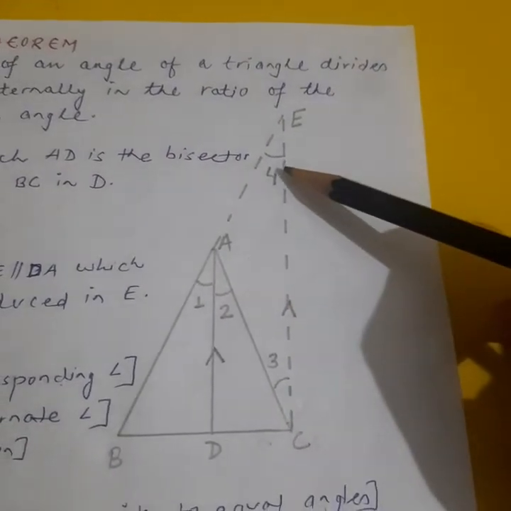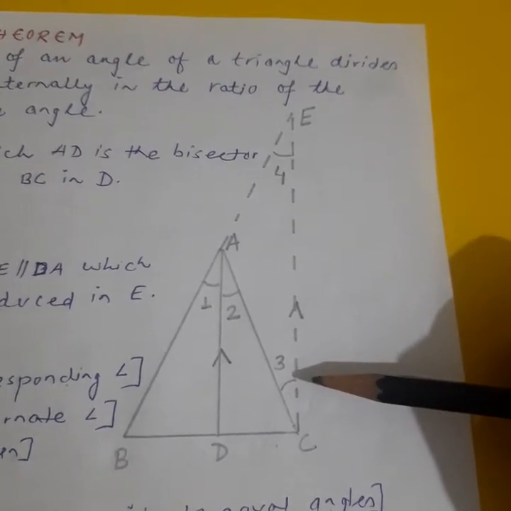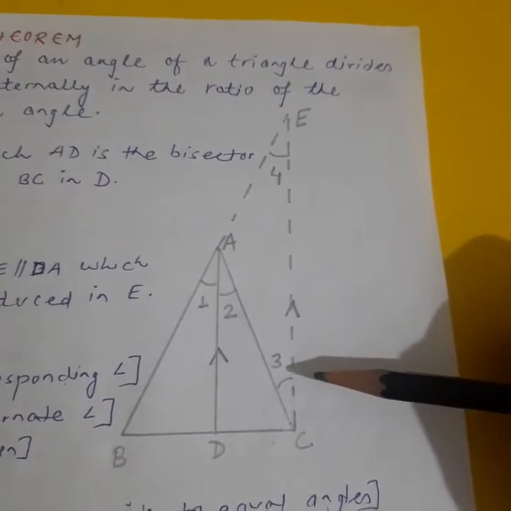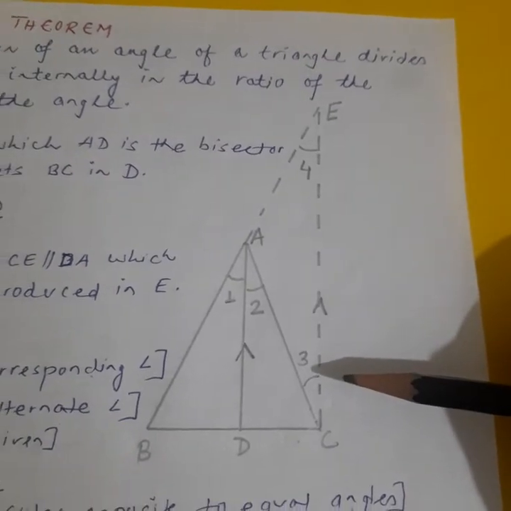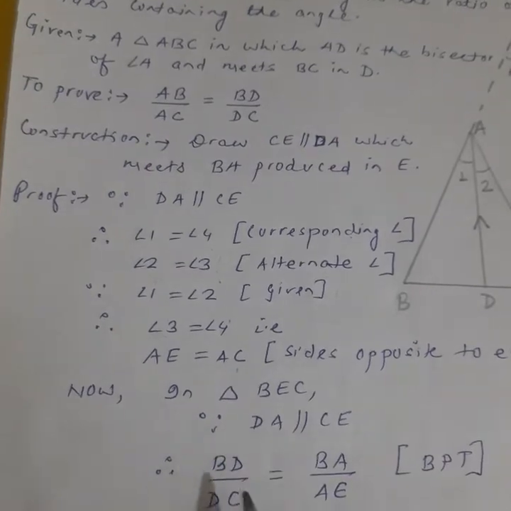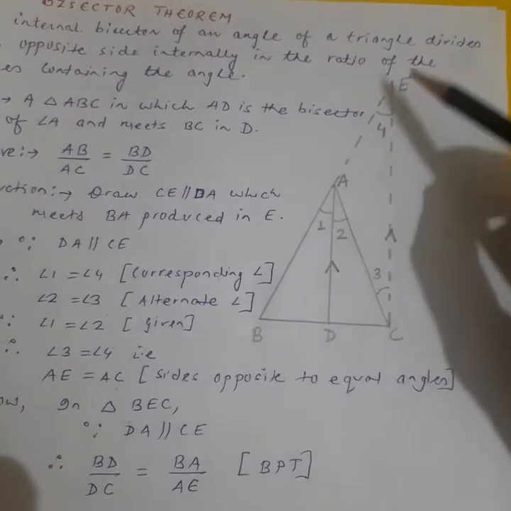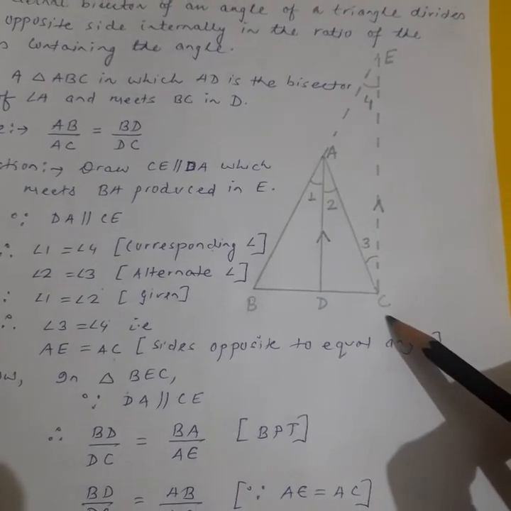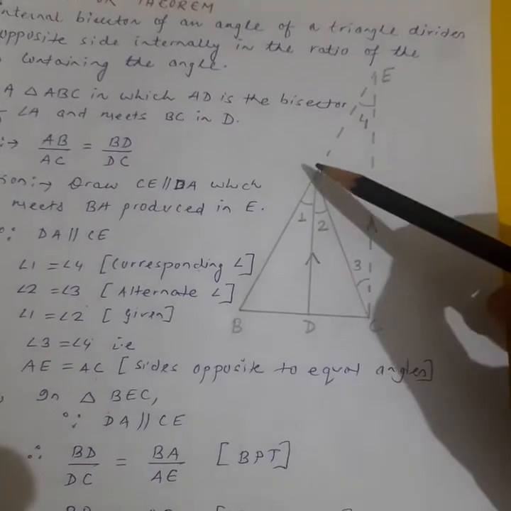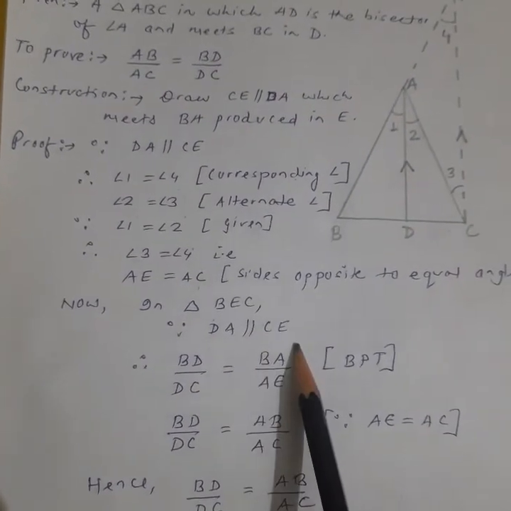Now 3 and 4 are in the same triangle. So using the isosceles triangle property, we can say the sides opposite to these angles will be the same. That is AE equals AC. Now in triangle BEC, see in the complete figure, in this complete triangle, we can see DA is parallel to CE.